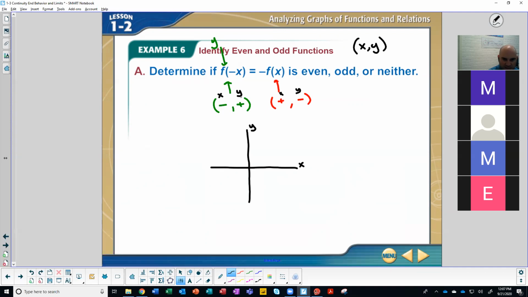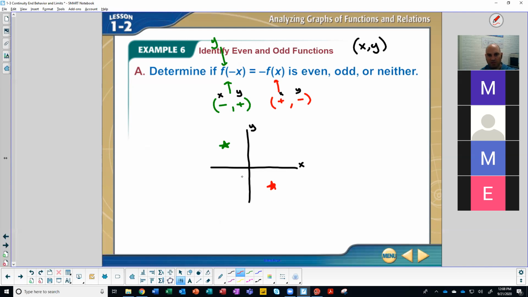Negative x means left, positive y means up. I'm going to put a green star in the second quadrant because this is left and up. Over here, I have a positive x and a negative y. This means right and down. So I've taken this foreign language of math symbols, and I've represented it with 2 stars.